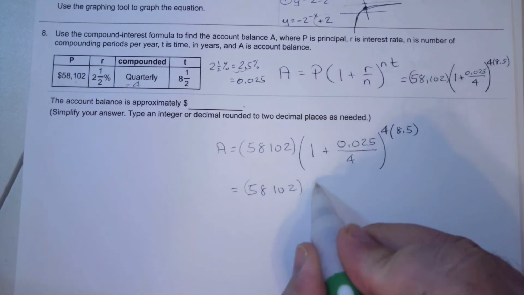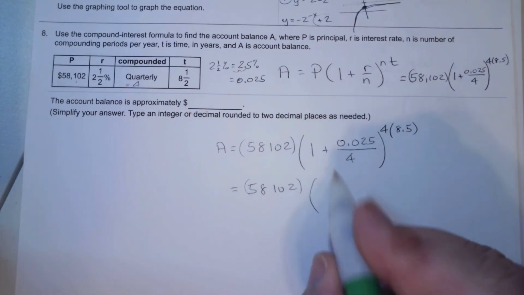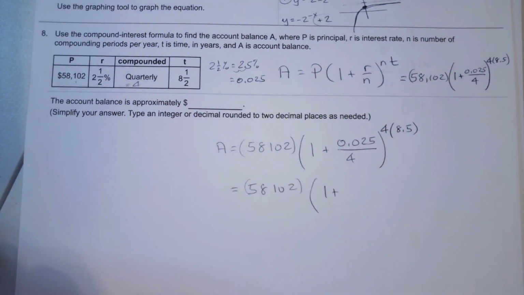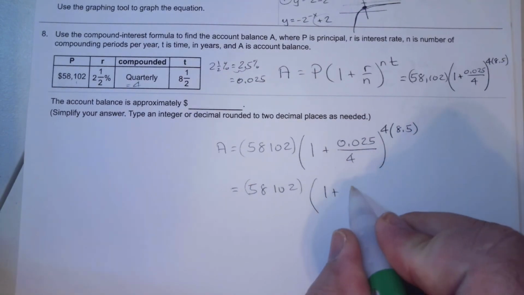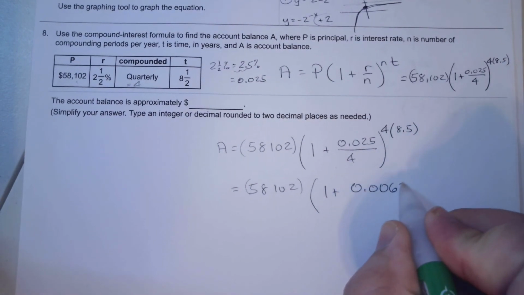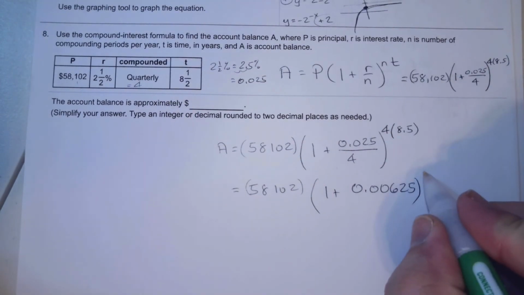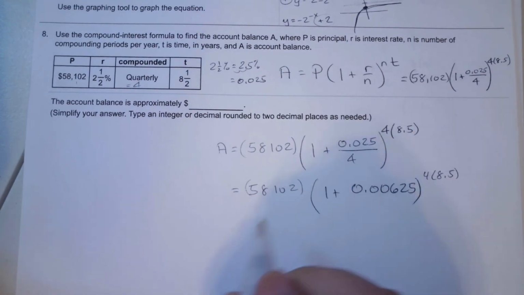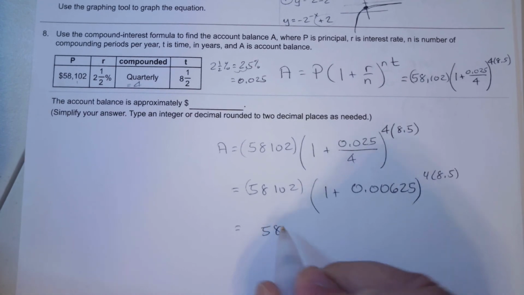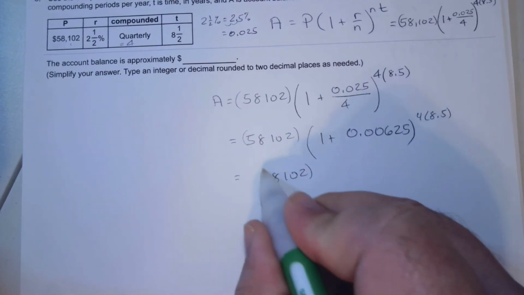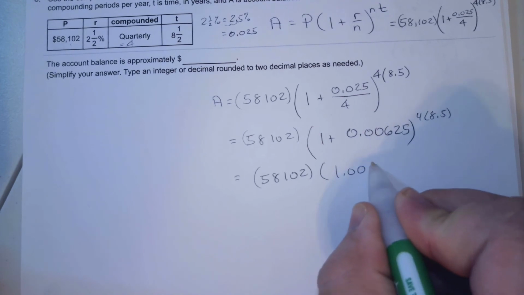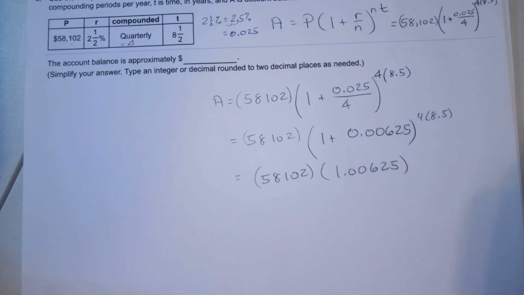I'm using my cell phone, I don't have a calculator. So, what is 0.025 divided by 4? 0.00625, plus 1. So it's 1.00625.